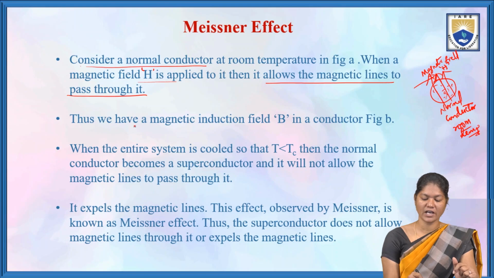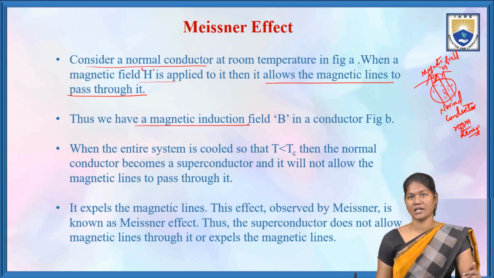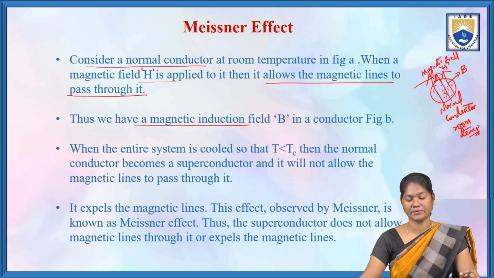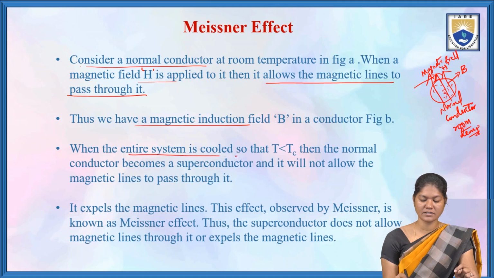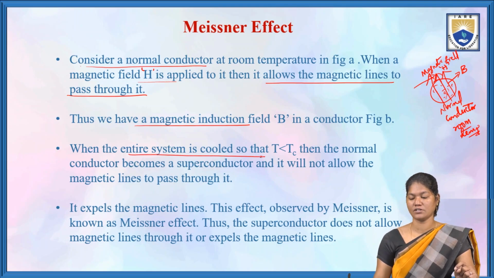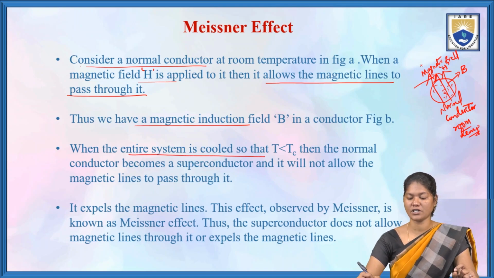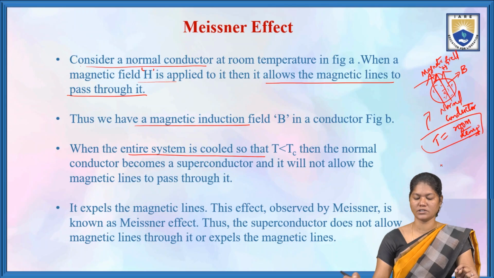Thus we have magnetic field induction, that is B. There is some B in a normal conductor. When the entire system is cooled, now it is at room temperature, and now it is cooled, that is, T is less than Tc.